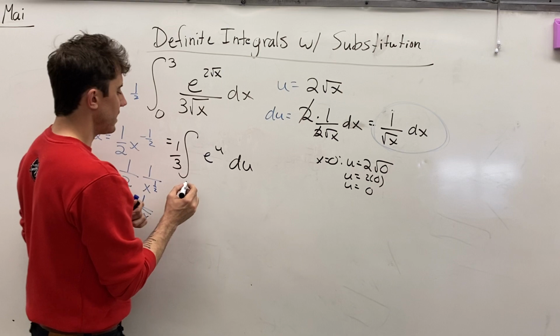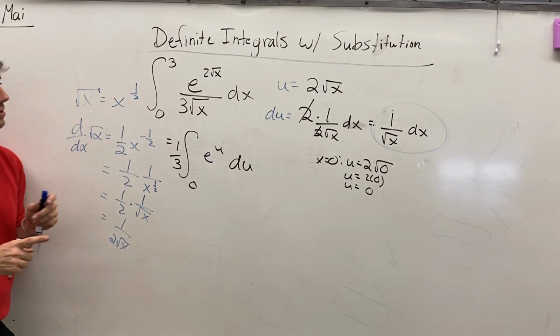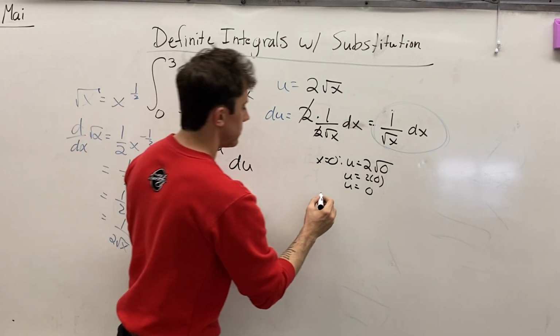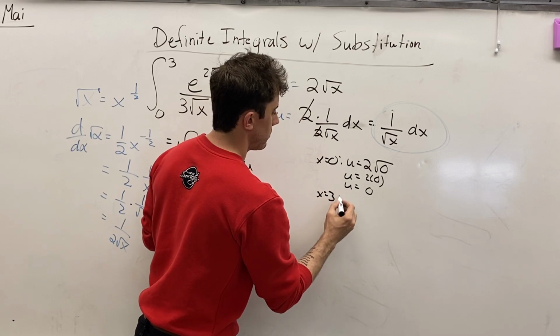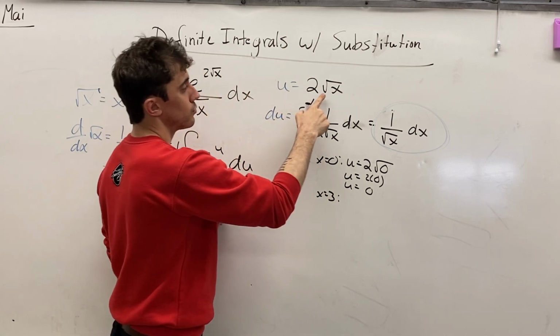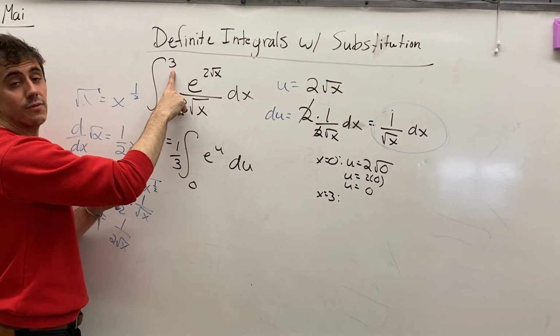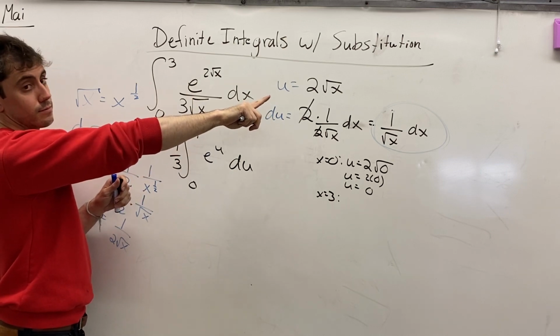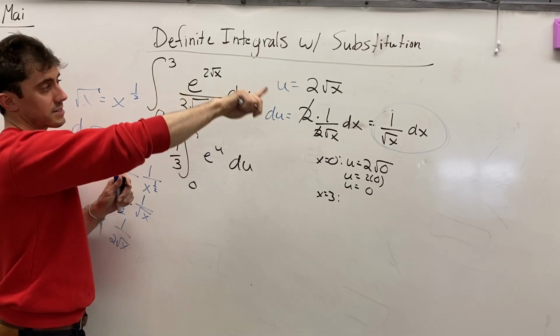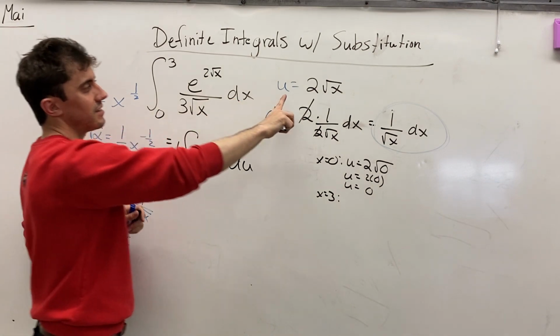So the lower bound is still 0, but when x is equal to 3, we have that u is equal to 2 root of 3. We're just replacing the value for x into the position of x in our u substitution.